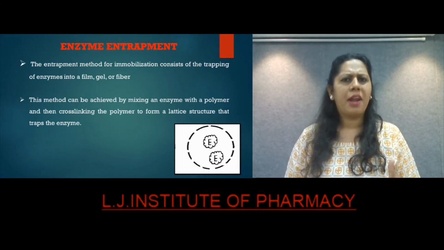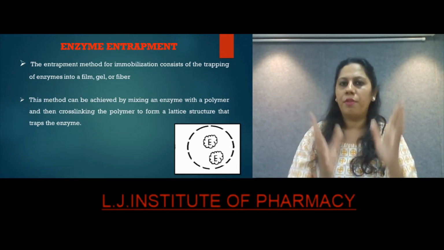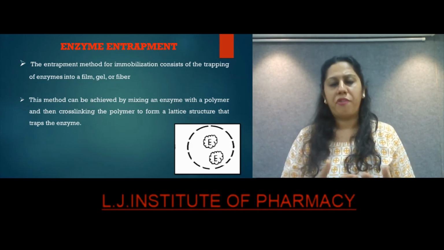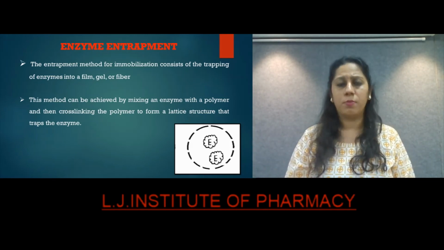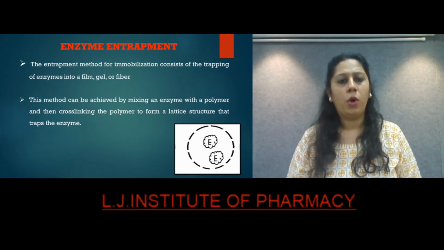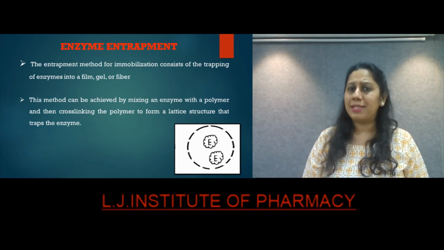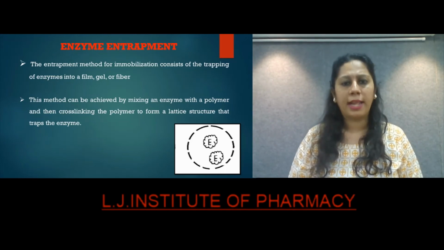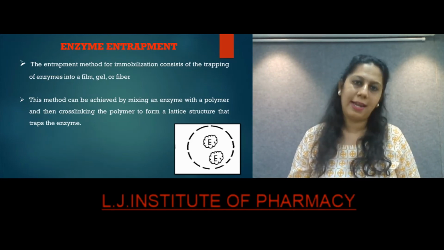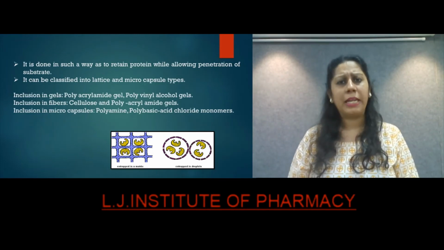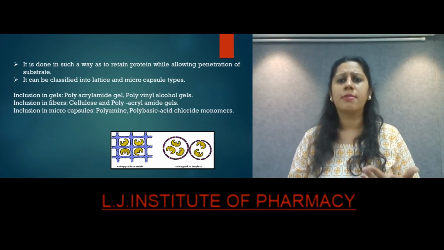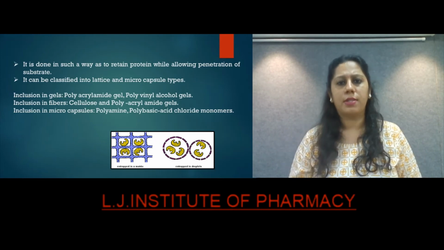So what is entrapment? Just imagine a spider on the web. The entrapment method is mainly the trapping of enzyme between the fibers, between the gel or the film. This method can be achieved by mixing the enzyme with the polymer and then cross-linking the polymer to form a lattice structure that traps the enzyme. It is done in such a way that the proteins allow the penetration of the substrate.